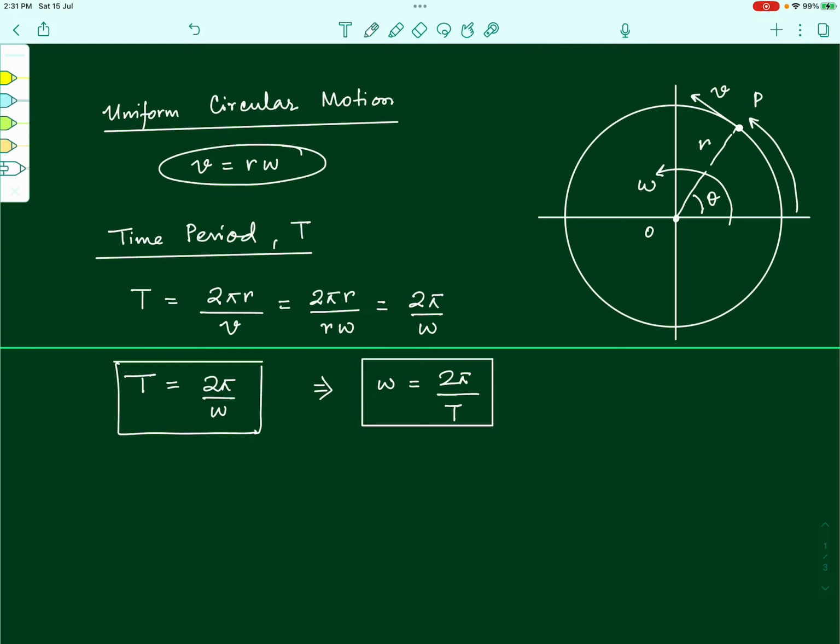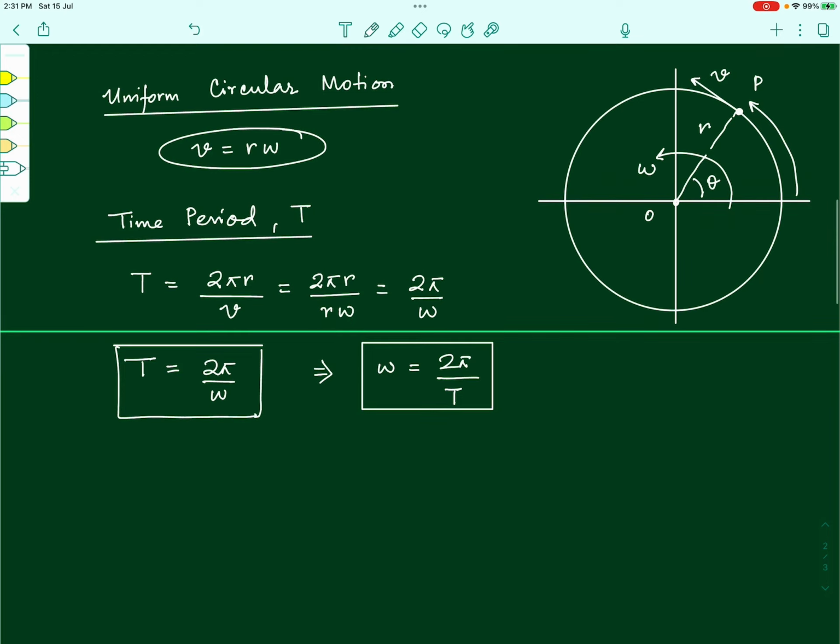Okay. So, next, if we try to define a few more things here, one more thing that we talk about is frequency, denoted by either small f, or we also use the Greek letter nu to denote frequency. What is frequency?